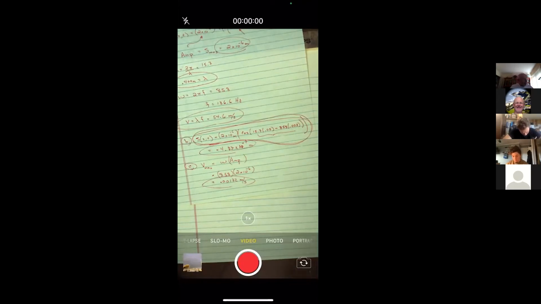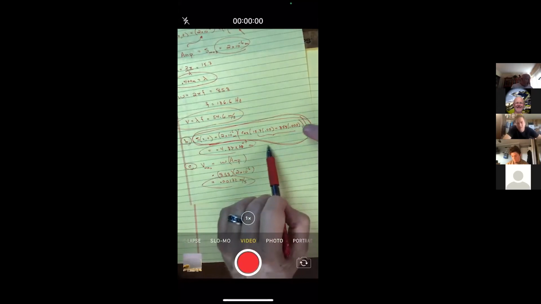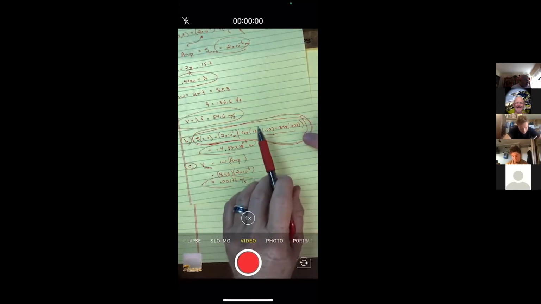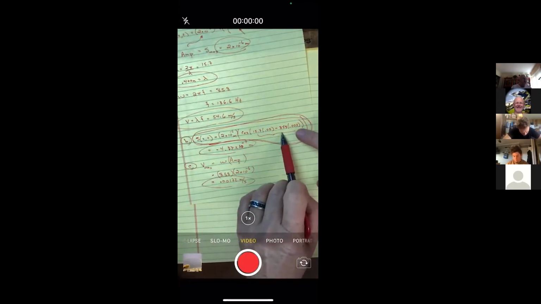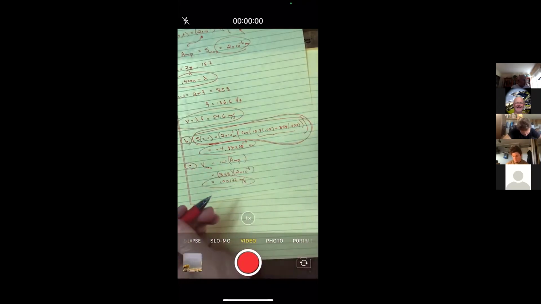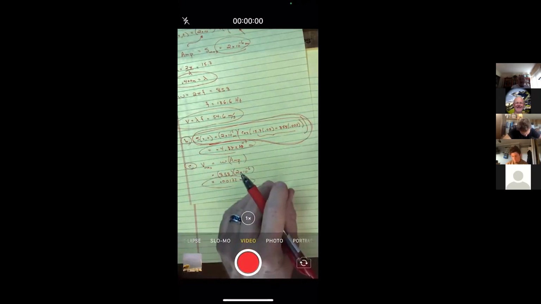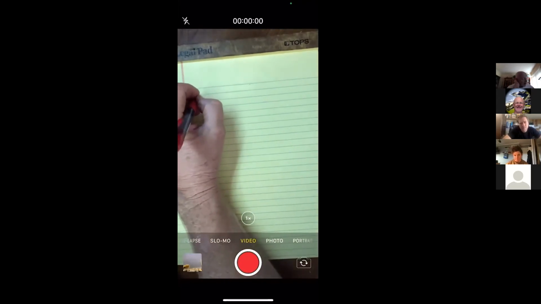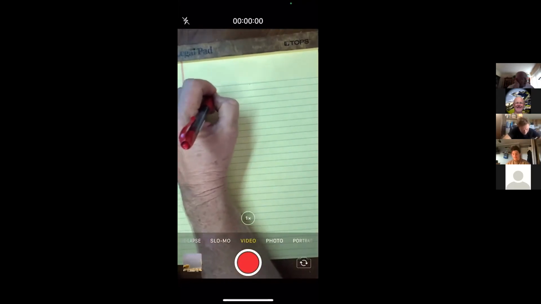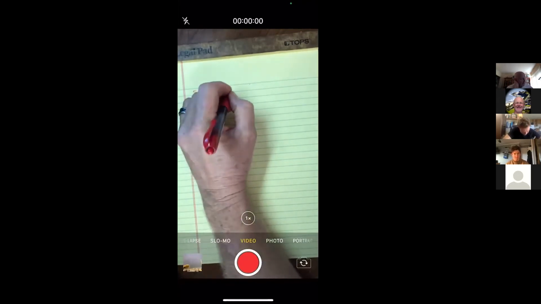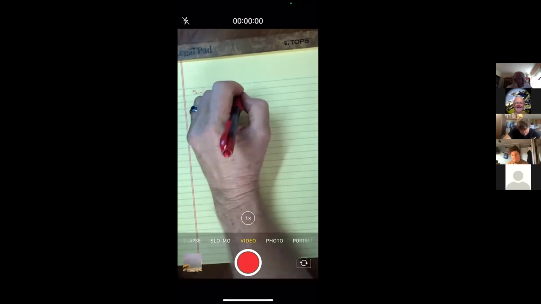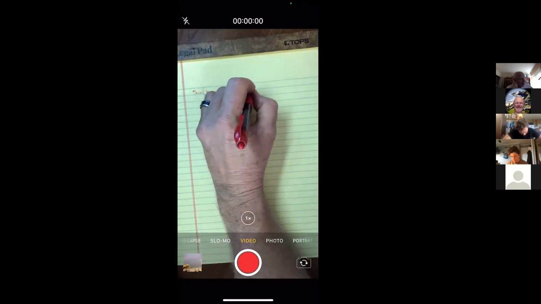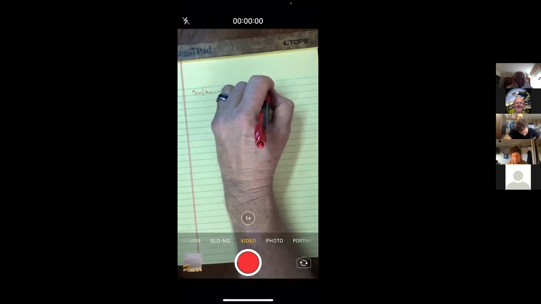So I apologize for circling this one. This isn't really what I wanted to circle. This is a wave going to the right. This would be a pattern that would be to the right and to the left. So if you have something that looks like this, sine(kx minus omega t), and you add it together with a sine(kx plus omega t).